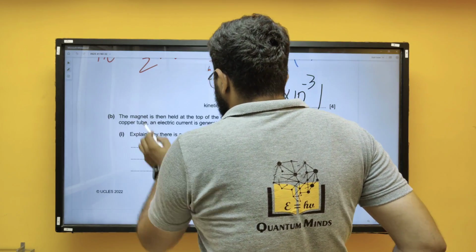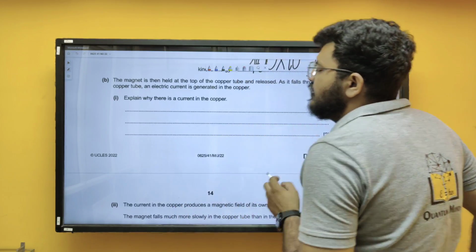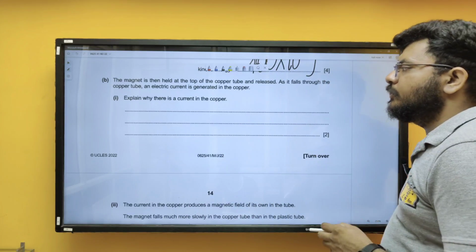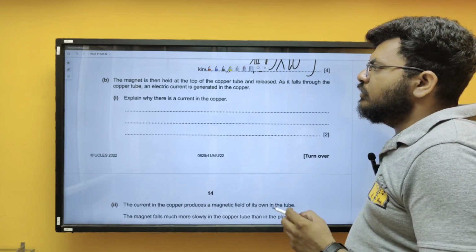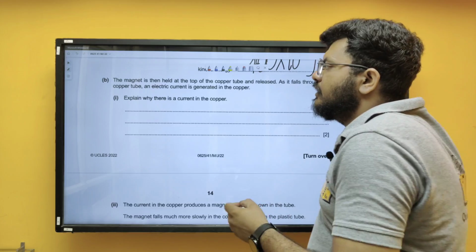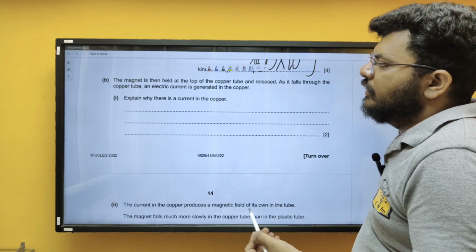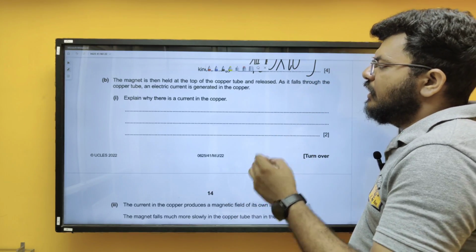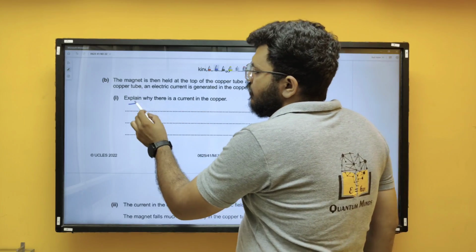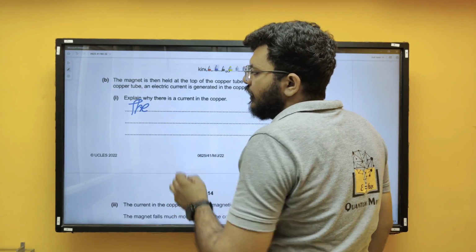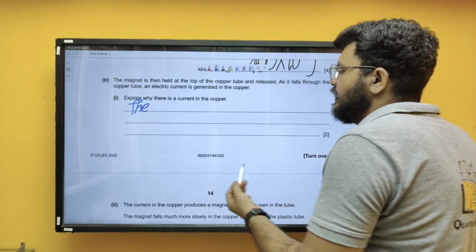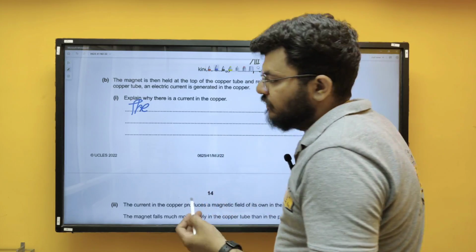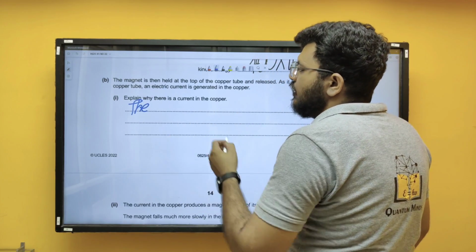Then the magnet is held at the top of the copper tube and released. As it falls through the copper tube, an electric current is generated in the copper. Explain why there is a current in the copper. The magnetic field lines, what is happening? The magnetic field lines are changing, which gives rise to a current.